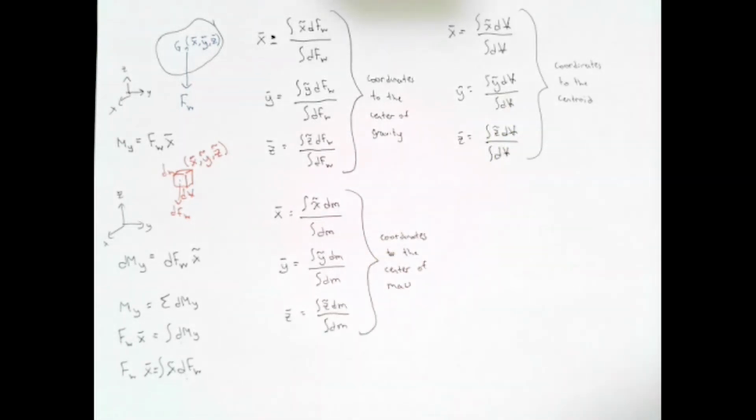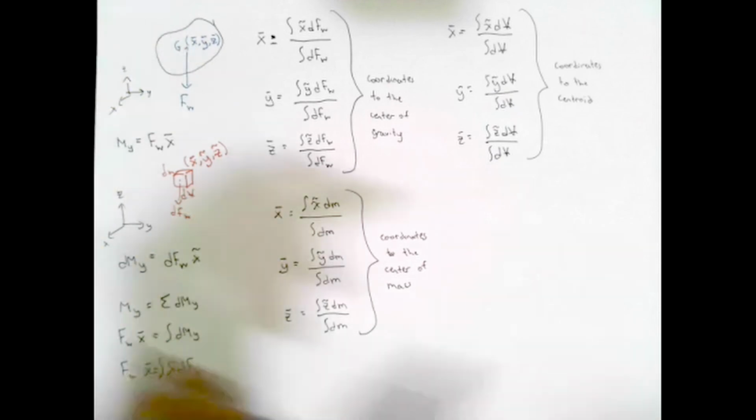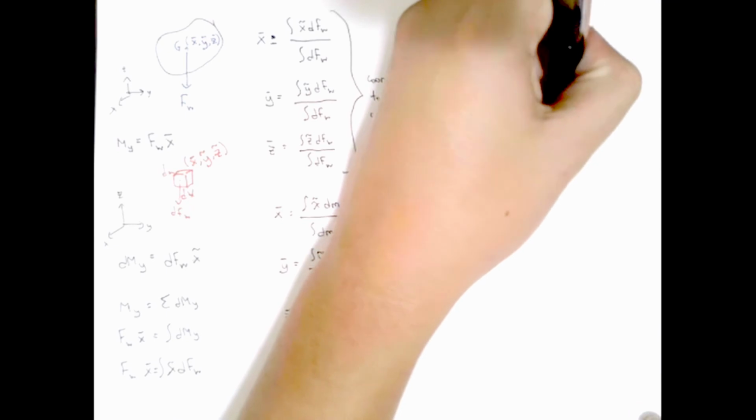Now, these coordinates for the centroid are given to us assuming that we're looking at a three-dimensional shape. However, sometimes our problems are going to be simple enough that we can assume that they are two-dimensional shapes instead of three-dimensional. So these are for three-dimensional bodies.